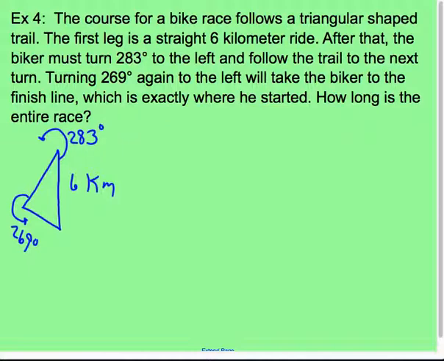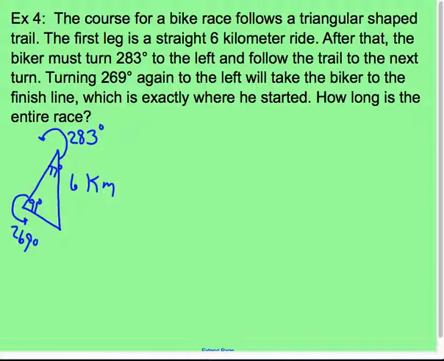So obviously the first thing that we need to do is find the measure of the angle inside the triangle. Well, the exterior angle is a total of 360 degrees. So if we take 360 minus 283 degrees, that gives me a 77 degree angle inside the triangle. Same for my next turn, 360 minus 269 gives me a 91 degree angle inside the triangle.